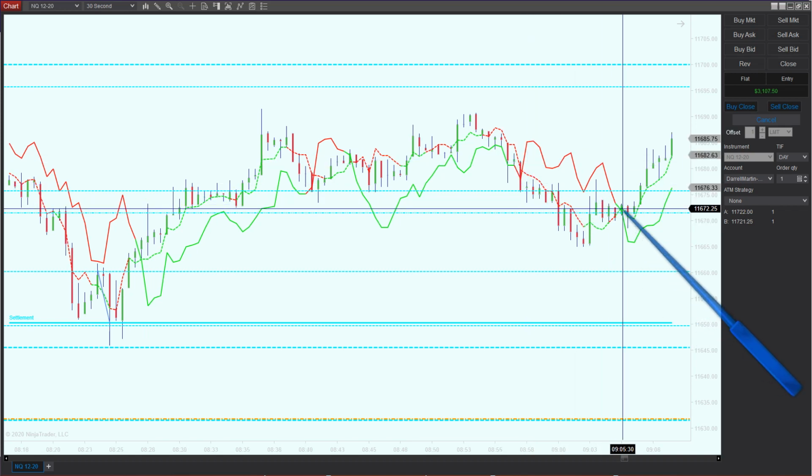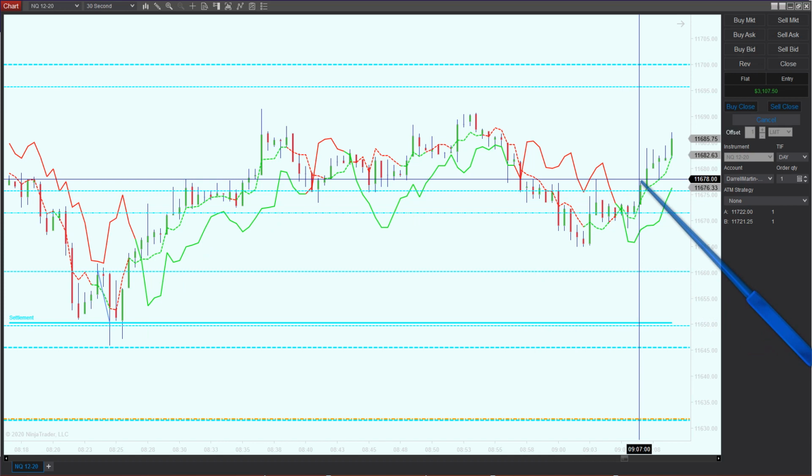Now, if you're looking at this long, let's say you're in here, what are you looking at as potential targets on this long? You got walls. What else do you have? One thing y'all aren't seeing. Resistance, yeah.